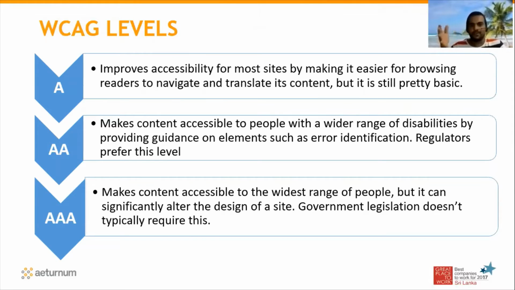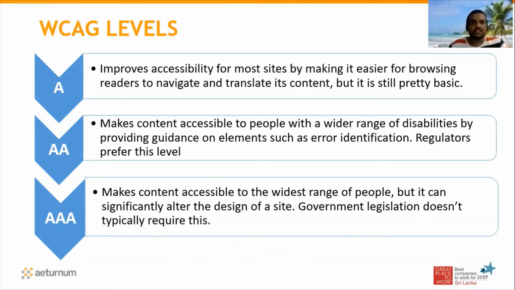A means improving accessibility for more sites by making it easier for browsing readers to navigate and translate their content, but it's still pretty basic. We talked about it, right? Double A makes content accessible to people with a wide range of disabilities by providing guidance on elements such as error identification, and regulators prefer this level.